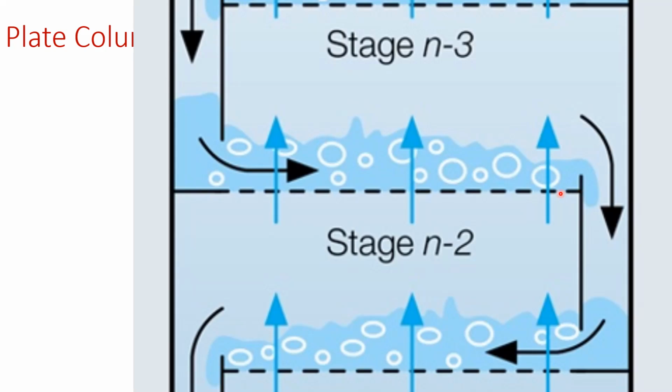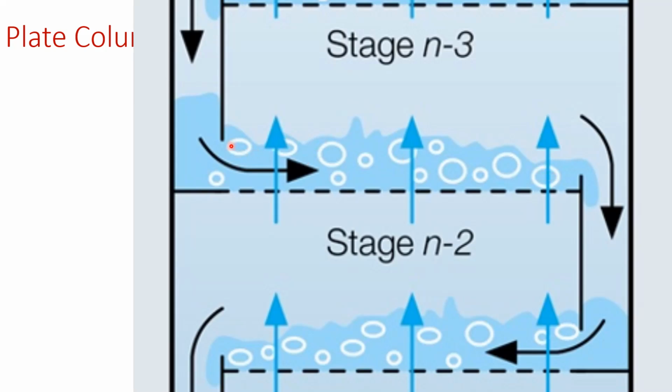As you can see across a single tray, if we look at this local point here, the contact between the gas and liquid will be shorter compared to, for example, somewhere at this point here. So even across a single tray, we would expect the efficiency at this point to be different than the efficiency here, because the mass transfer here is going to be different than the mass transfer rate at this point.